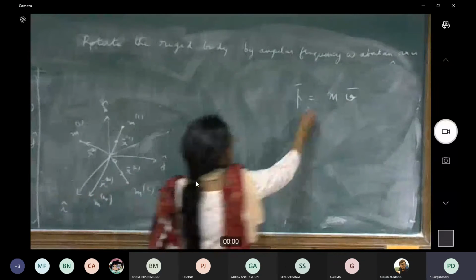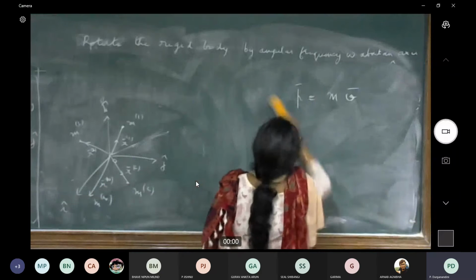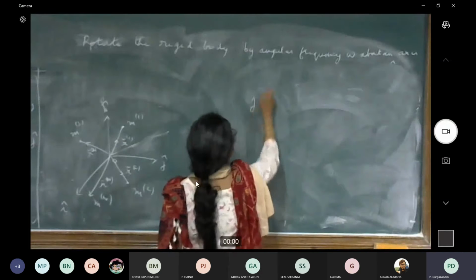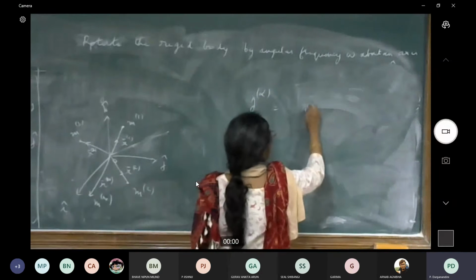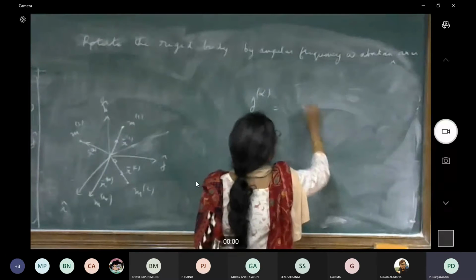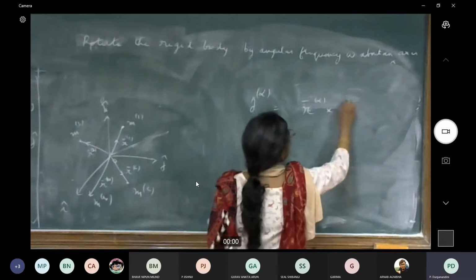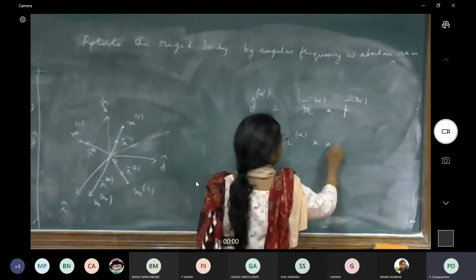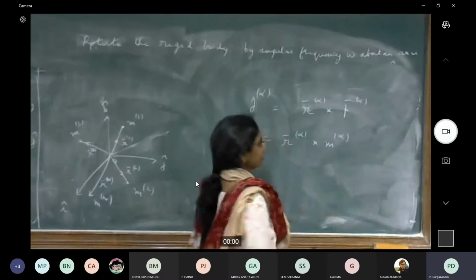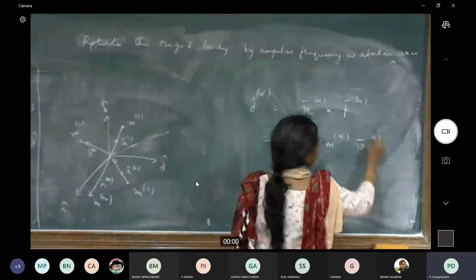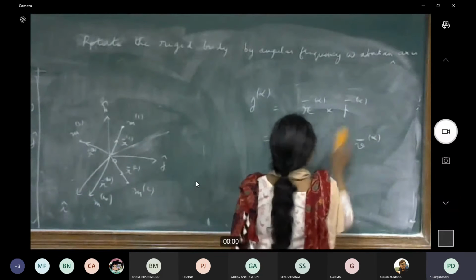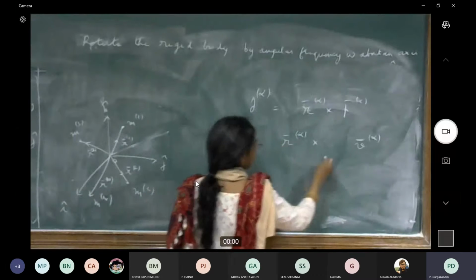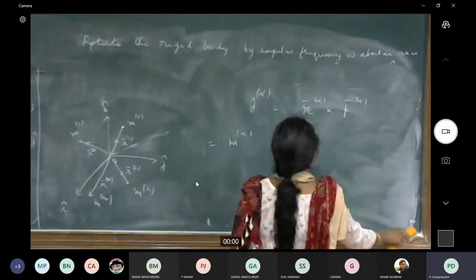So now for each particle, I can write the angular momentum as R alpha cross P alpha. That is R alpha cross M alpha times V alpha. So for the alpha particle, I get the angular momentum as M alpha R alpha cross V alpha.